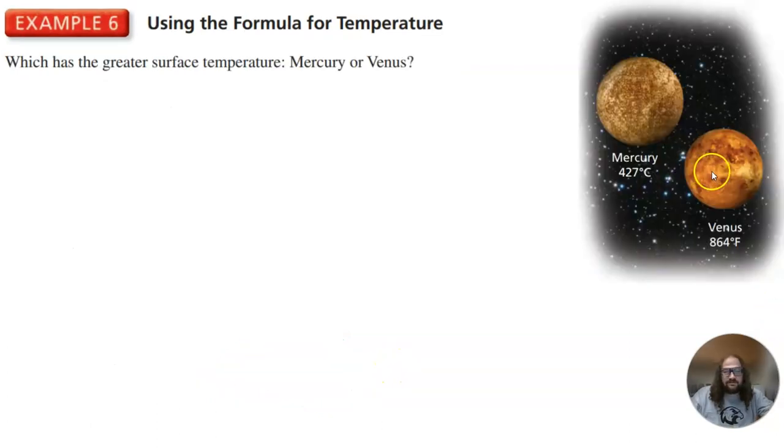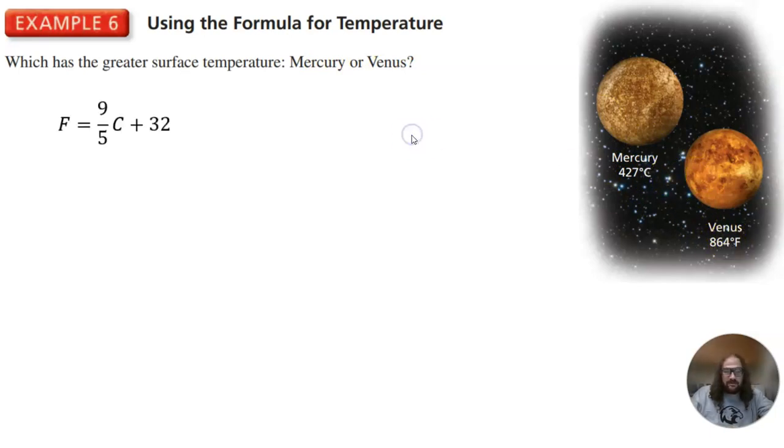Now we'll be able to use that formula to answer a question here. Which has the greater surface temperature, Mercury or Venus? Well, here we have Mercury's temperature given in Celsius and Venus's temperature given in Fahrenheit.